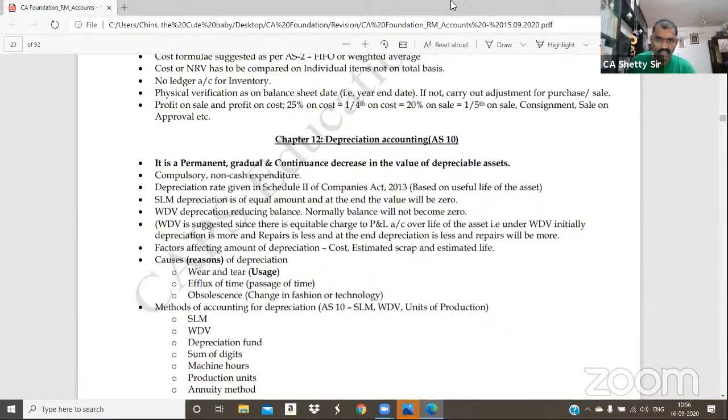Now, as per AS 10, depreciation means systematic allocation of depreciable amount over life.